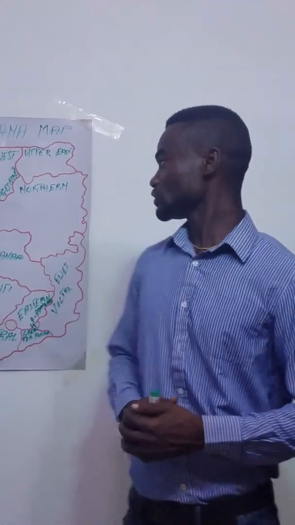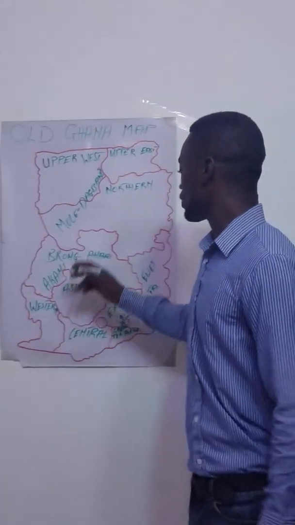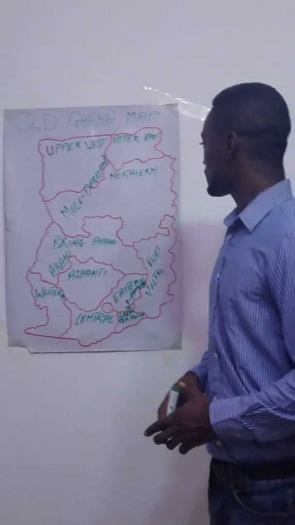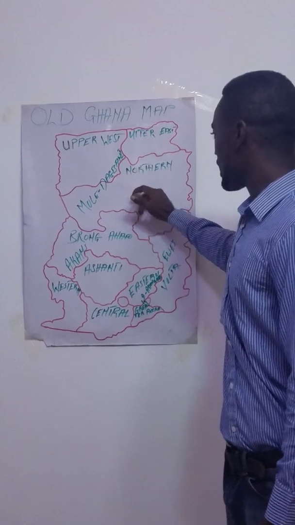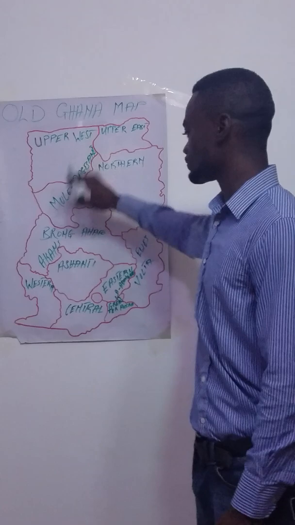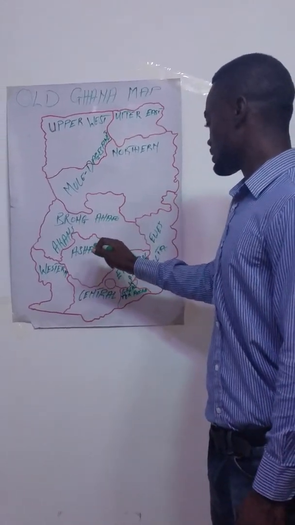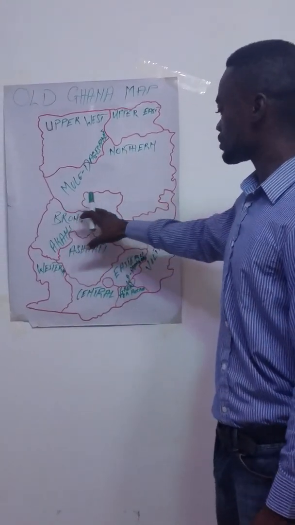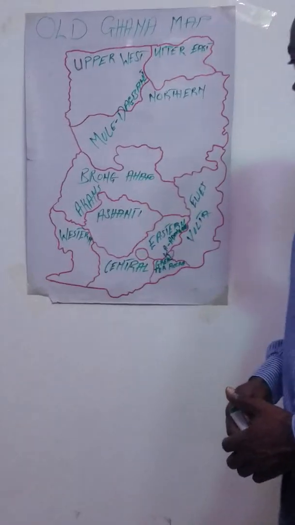Alright. So the Mamprusi, the Dagomba, the Gonja, the Wala, all these people settled around the northern part of Ghana. The Akyem, Ashanti, Denkyira, Akwapim, Adansi, all these people also settled around the forest belts of Ghana.